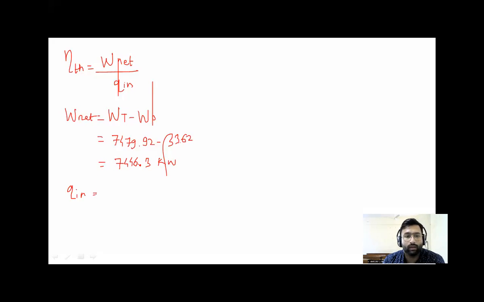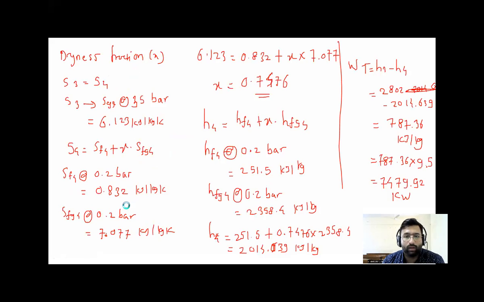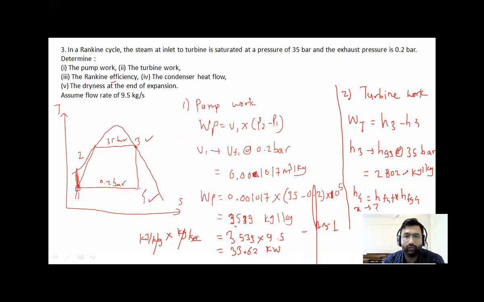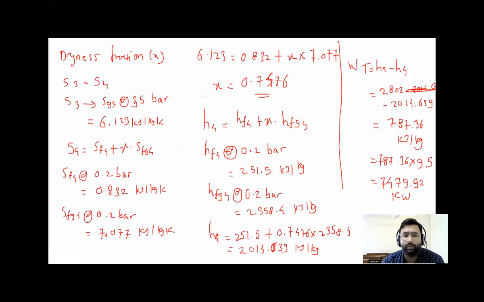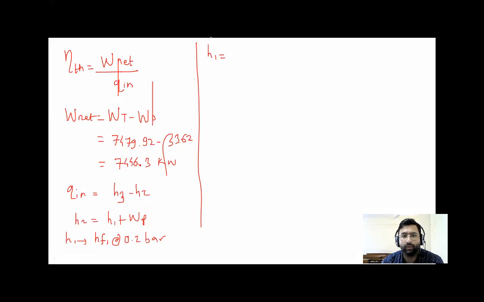Q in is H3 minus H2. H3 we already know. Calculation of H2 is H1 plus pump work. H1 is the enthalpy at dry saturated condition, which you have already calculated. So H1 is HF1 at 0.2 bar, nothing but HF4 also, 251.5.